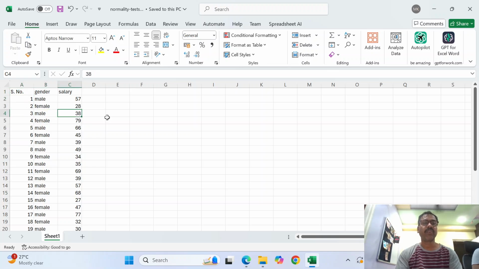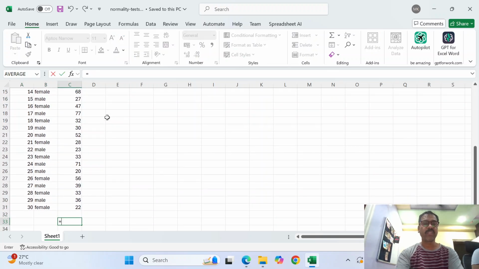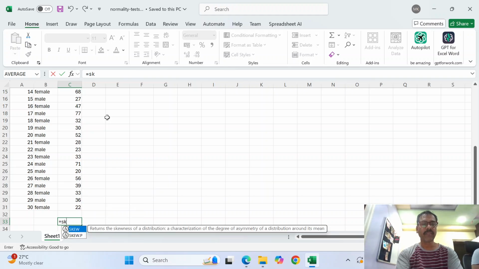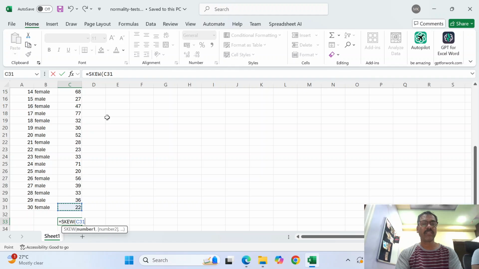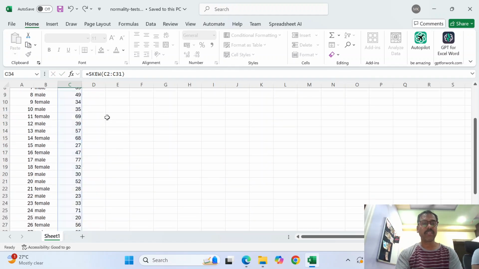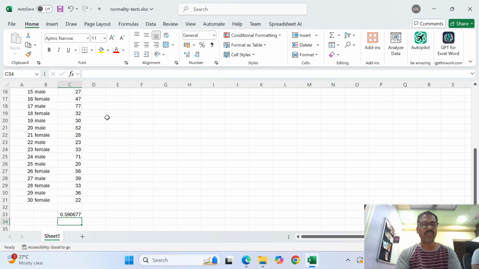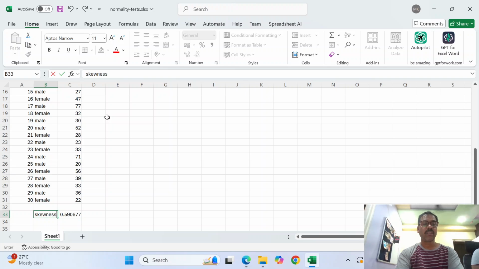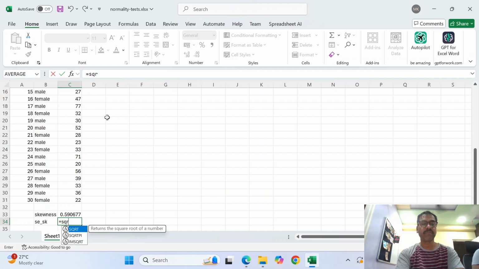In Excel, we have a beautiful function called SKEW. This measure needs to be close to 0, which it actually is not. Now this is the skewness, and next I need the standard error of skewness. There are many formulas for calculating the standard error of skewness.